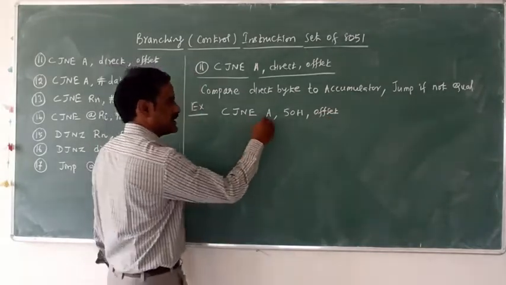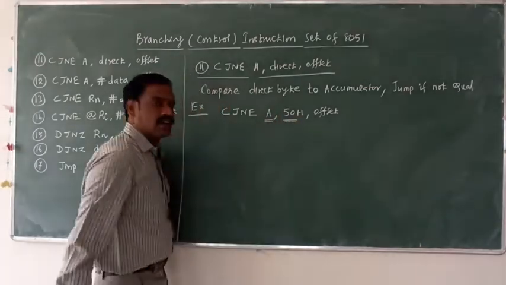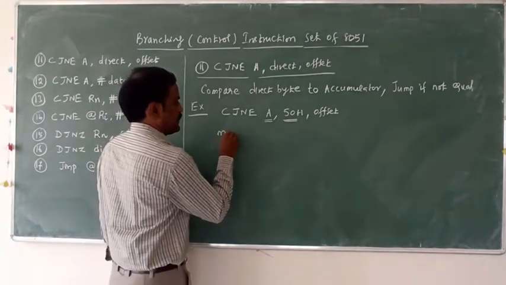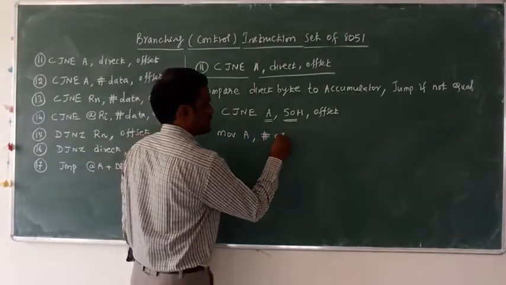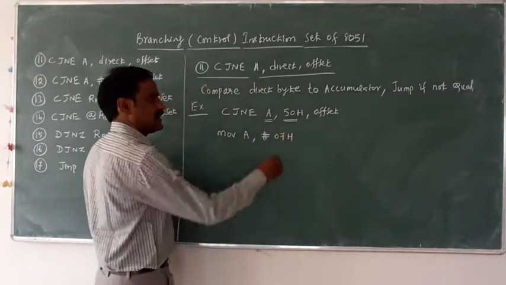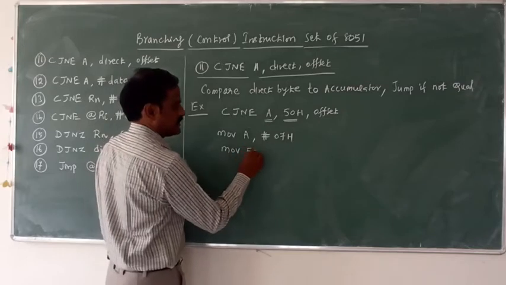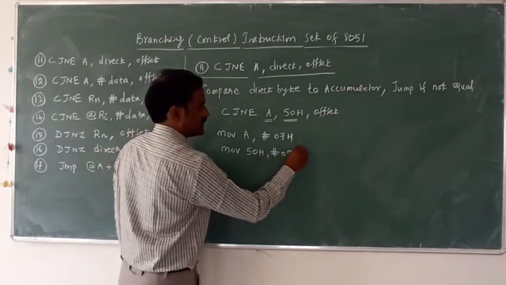First we have to initialize what is the data in A register and what is the data in the memory address location. Example, MOV A comma hash 07H and MOV memory 50H comma 09H.